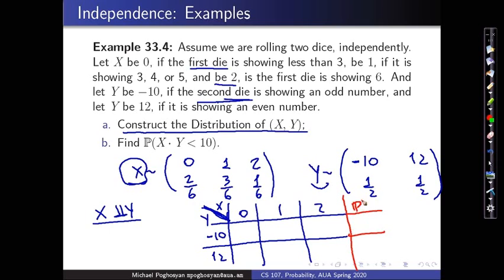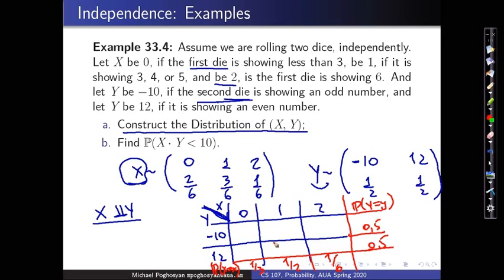So marginal of Y is here 0.5, 0.5. And here I'm adding the marginal of X, marginal PMF of X: 2 over 6, so 1 over 3, 1 over 2, and 1 over 6.